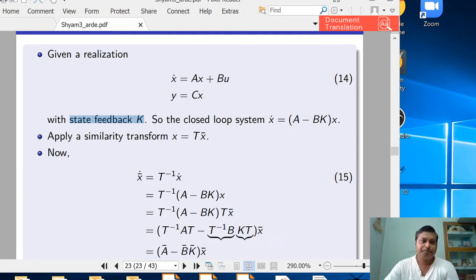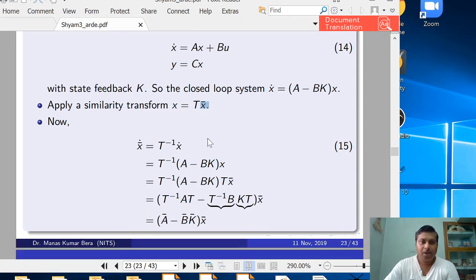Now if we use a similarity transformation to transform this system to controller canonical form, then the old coordinate x and the new coordinate x bar will be related by x equal to T into x bar. So x bar dot is equal to T inverse x dot, and in the closed loop system that is T inverse into A minus BK into x.